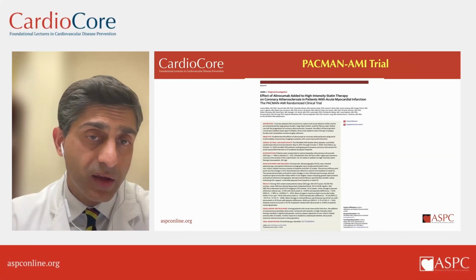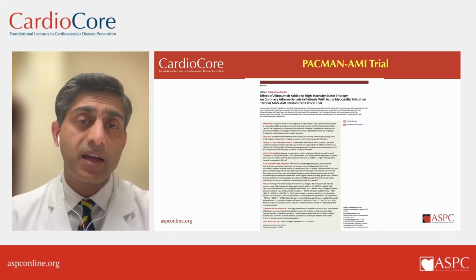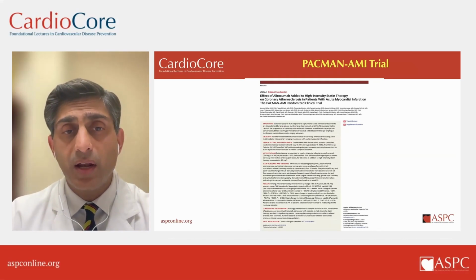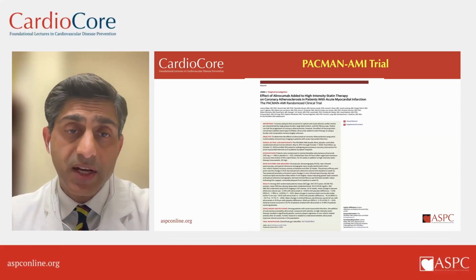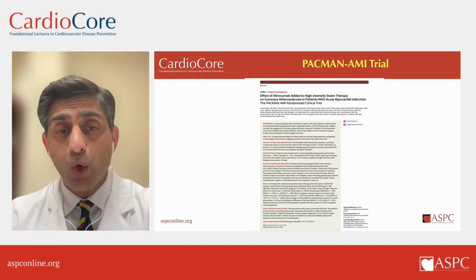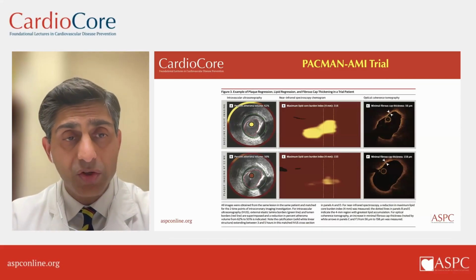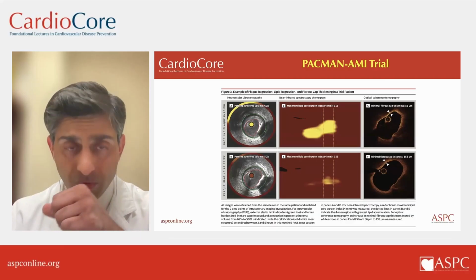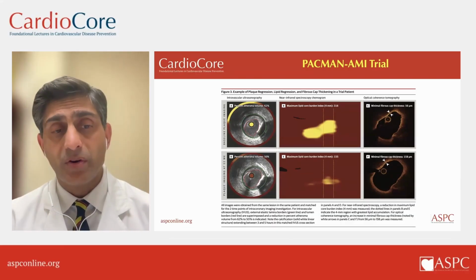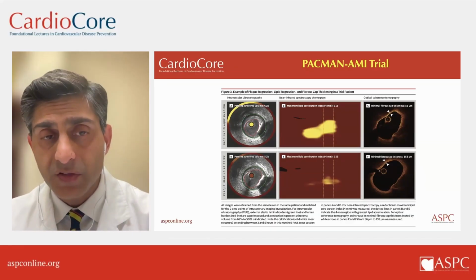For example, when you look at the PACMAN-AMI trial, looking at alirocumab added to high intensity statin therapy on patients who have had an acute myocardial infarction, you can see the top row is at baseline, the bottom row is at plaque imaging at 52 weeks.